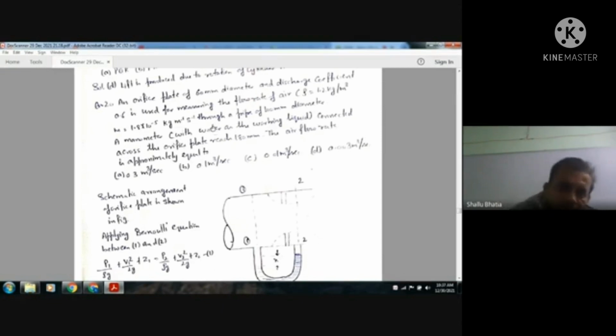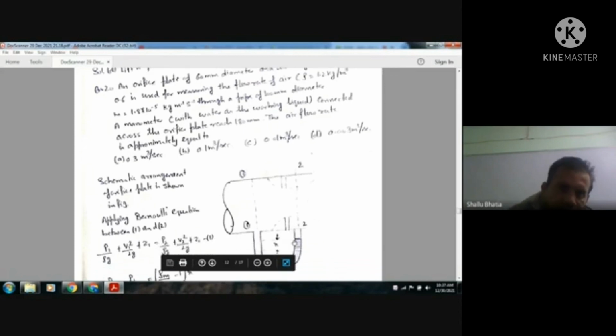Okay, so this is the orifice plate, where this is the minimum cross section, and here a U tube is attached. Now at 1-1, this is the minimum cross section area. Applying the Bernoulli equation at 1-1 and at 2-2: at 1-1, P1 by rho g plus V1 square by 2g plus Z1, and at 2-2, P2 by rho g plus V2 square by 2g plus Z2.